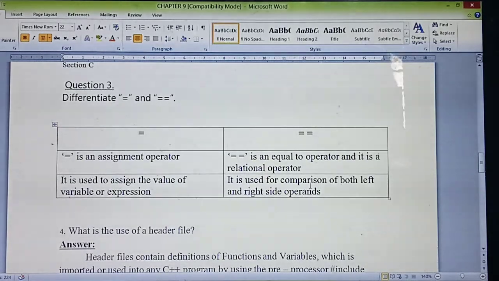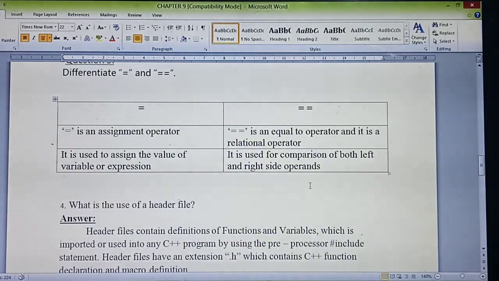Write first. Have you all completed? Okay.